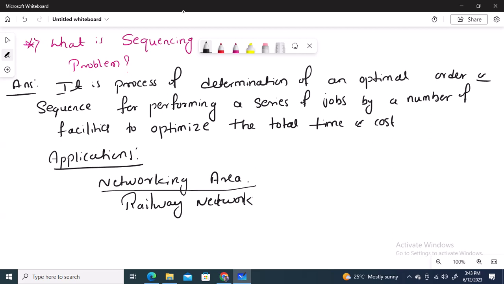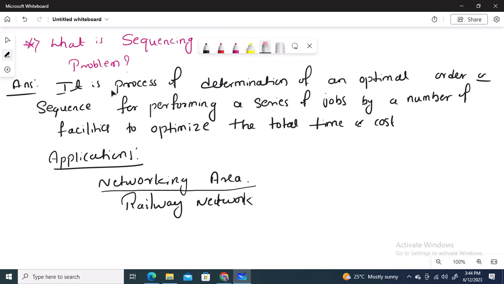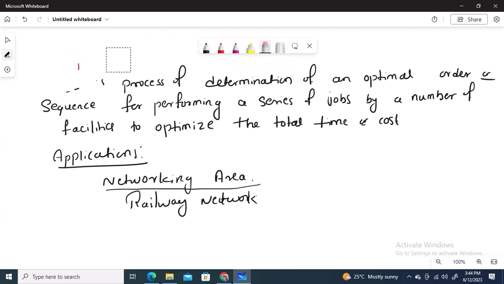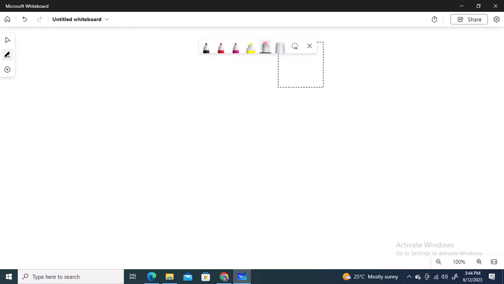After finding the sequencing model, one of the important techniques or tools we are going to use now is called Johnson's algorithm. That is a very important tool or technique.